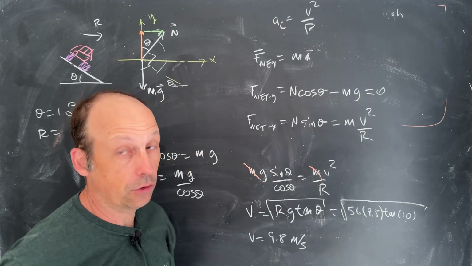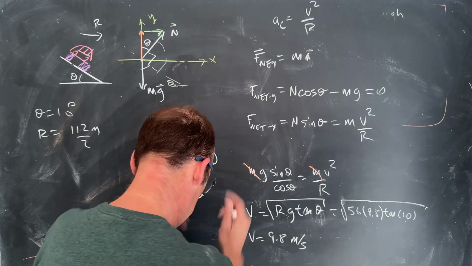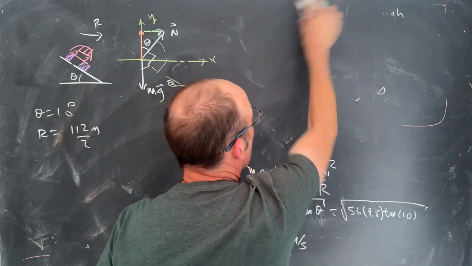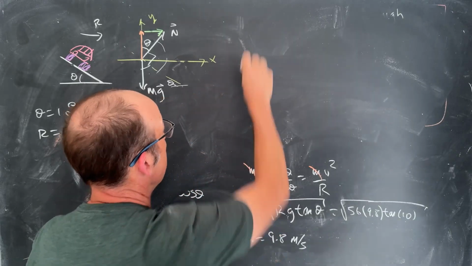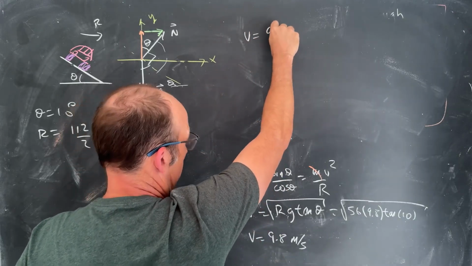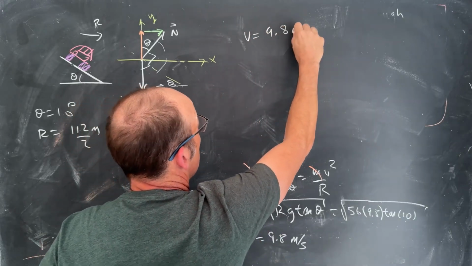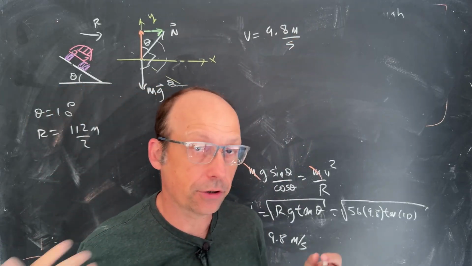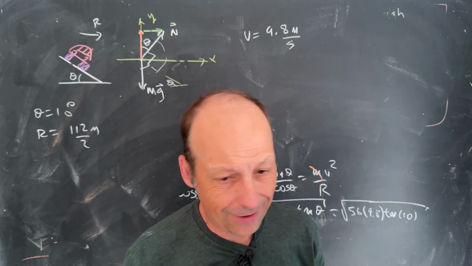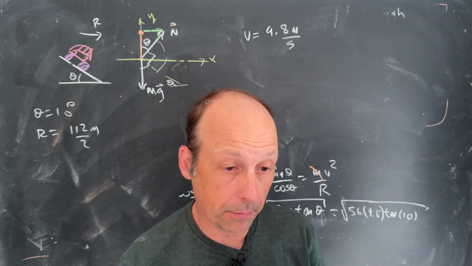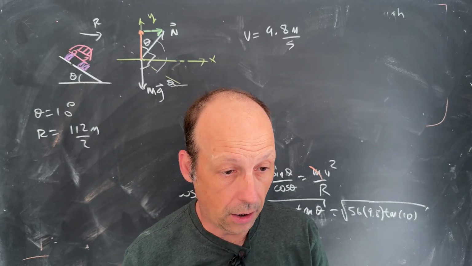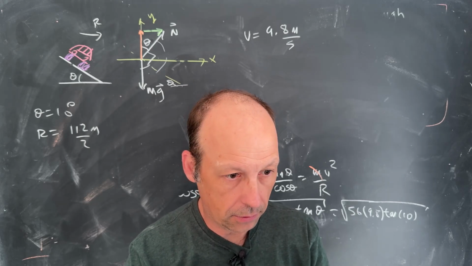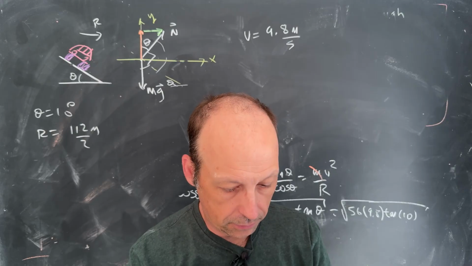Now let's convert that to miles per hour. I'm going to do that up here. So remember how we do conversion. So I'm going to say V is 9.8 meters per second. And now I want to convert meters to miles. Let's do that first. I don't remember how many meters are in a mile, but I'm going to look it up. So let's do 1 mile in meters.